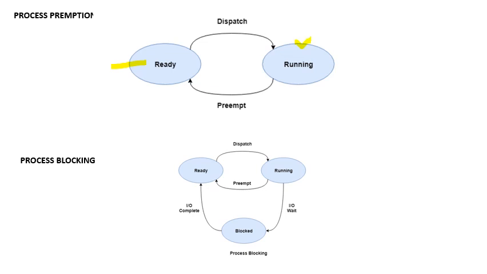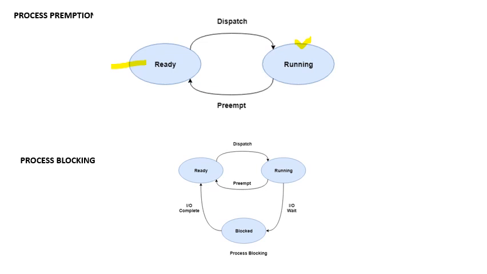During the running state, if a new process arrives with a higher priority, the executing process is preempted and enters the ready state again. Once the highest priority process is executed, the old process present in the ready queue will be dispatched into the running state. This is all about process preemption.